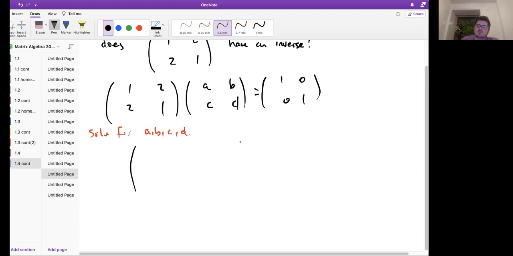So what do we get in the matrix multiplication? What does the 1, 1 entry give you? Yeah, 1A plus 2C. What about the 1, 2 entry?